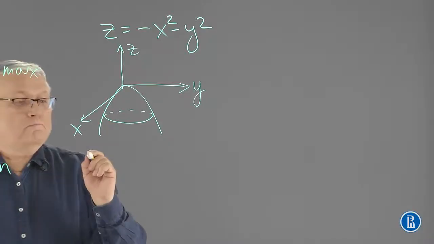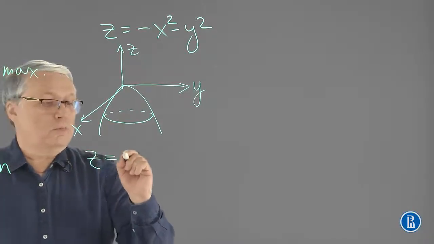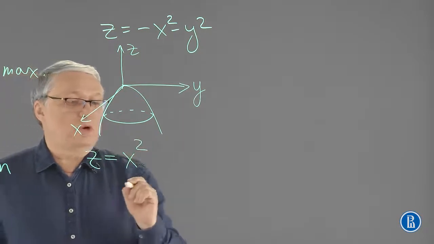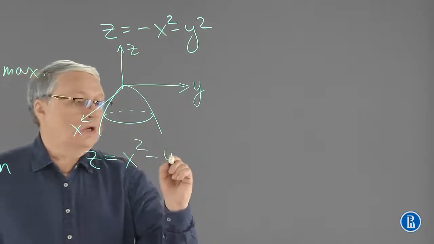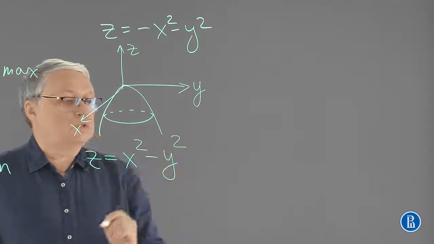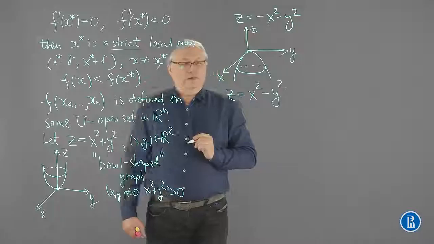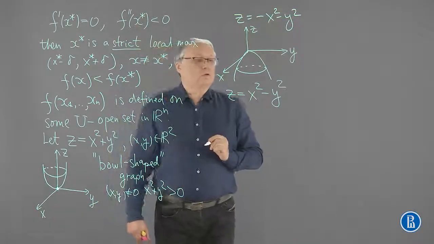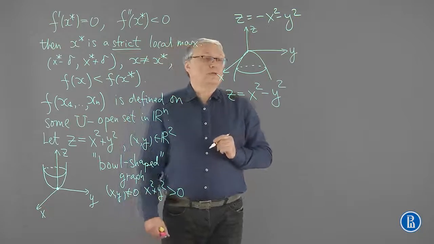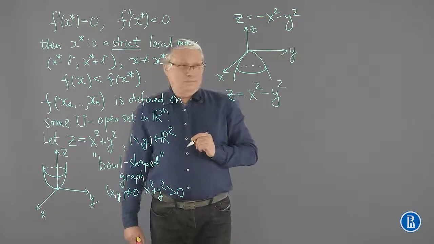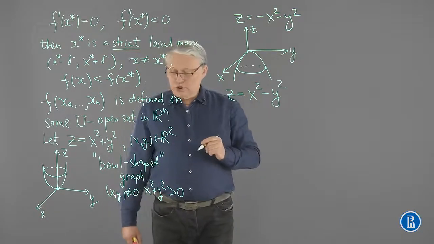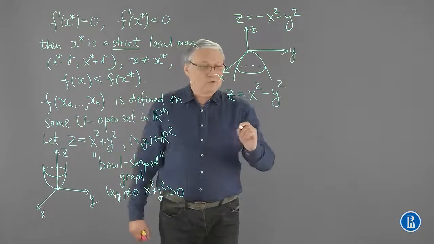What if we take plus in front of x squared term and subtract y squared? It's interesting that the surface, which is a graph of this function, is not that easy to draw compared to these bowl-shaped surfaces.